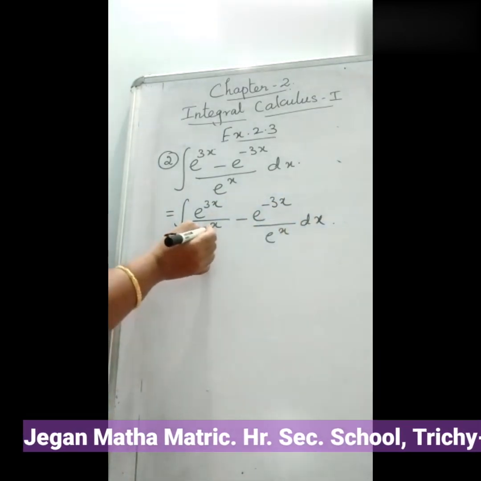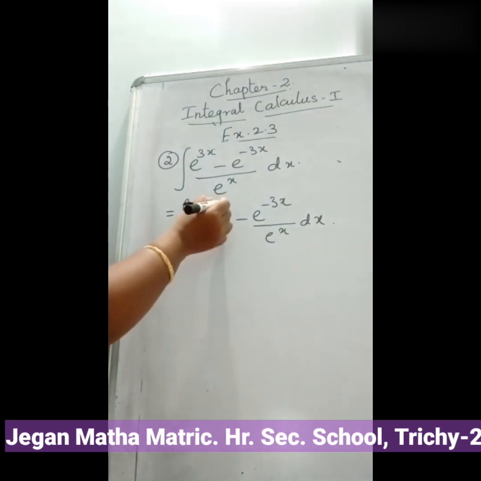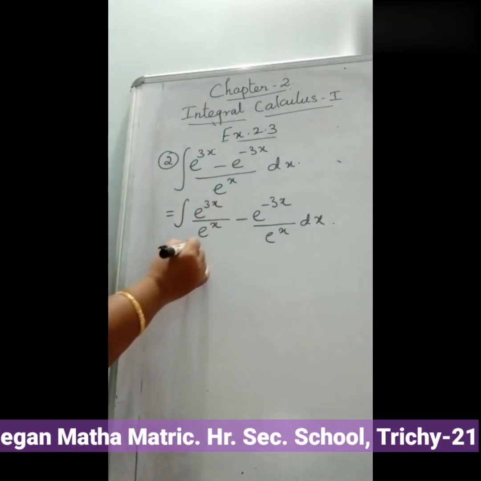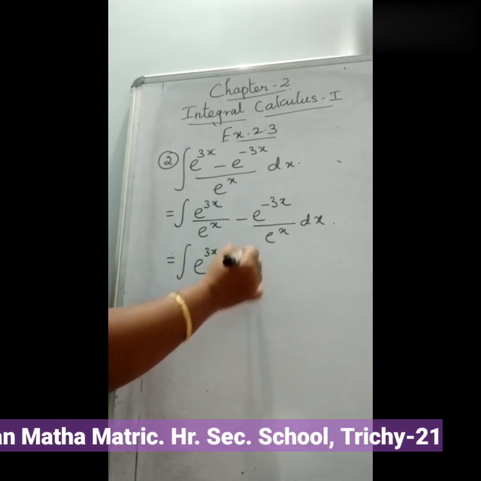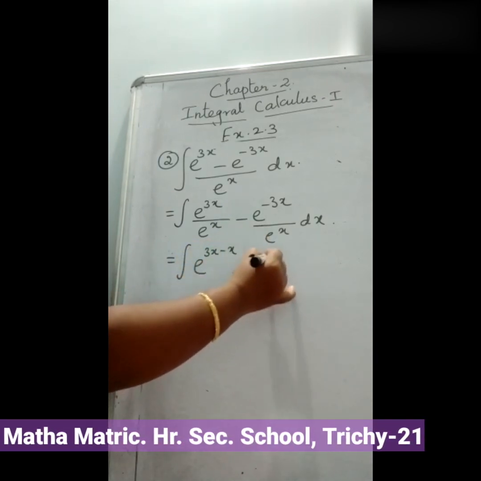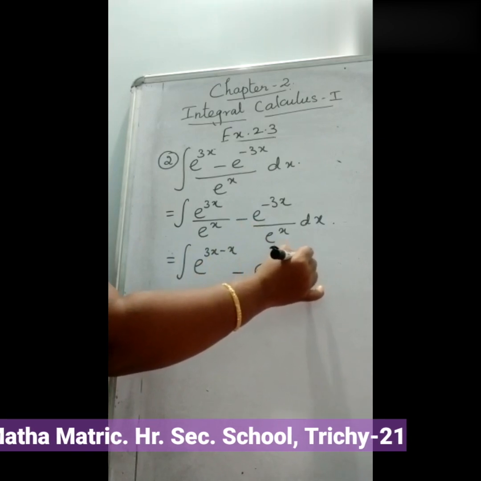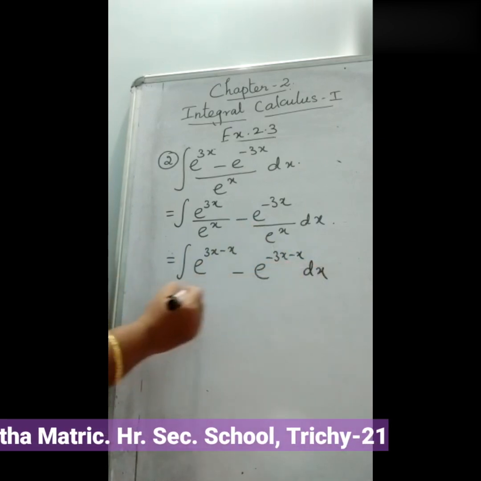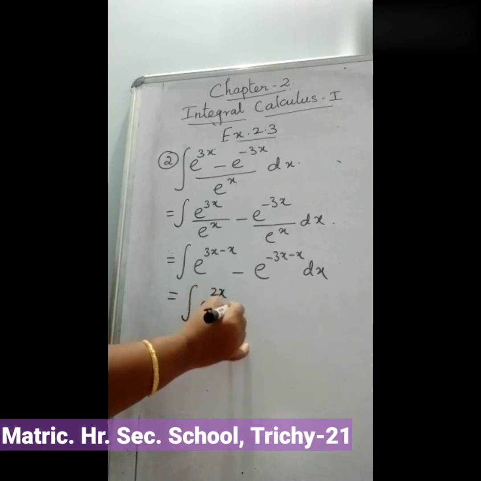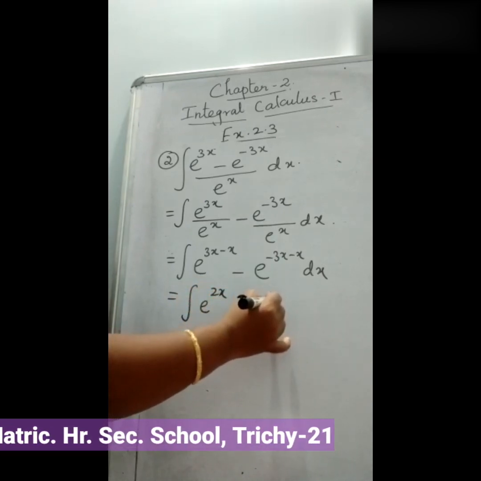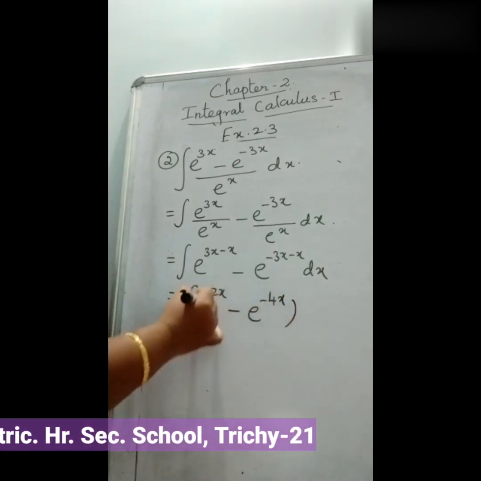The power goes into the subtraction, so e power 3x minus x minus e power minus 3x minus x into dx. So that is equal to integral of e power 2x minus e power minus 4x into dx.